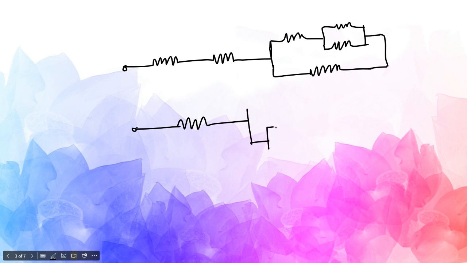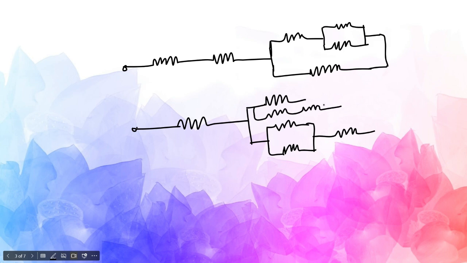It has again a parallel circuit like this and this, and let's say it also has a parallel circuit here and like this. So that's how the circuit is.